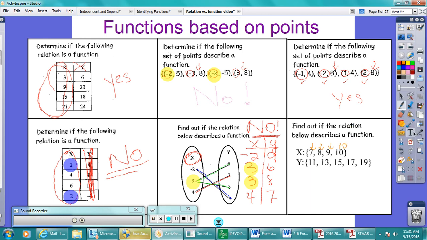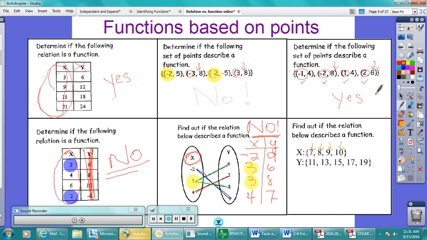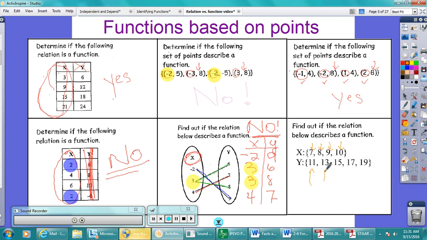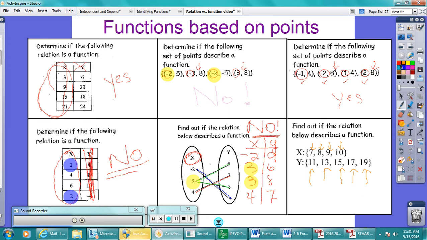Right? Okay? And then all of my output values are 11, 13, 15, 17, and 19. So is this a function?